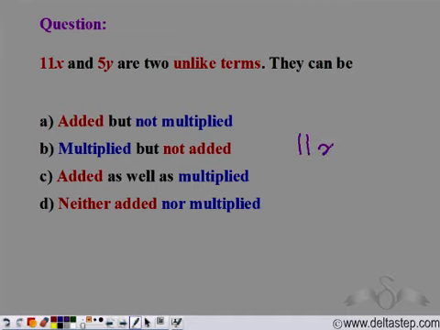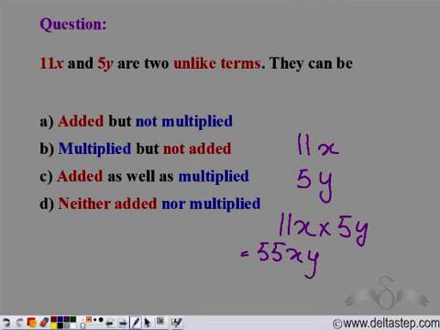These are unlike terms. So we cannot add unlike terms. So they cannot be added. However, we can multiply unlike terms by multiplying their numeric parts and the algebraic parts. So they can be multiplied but not added.